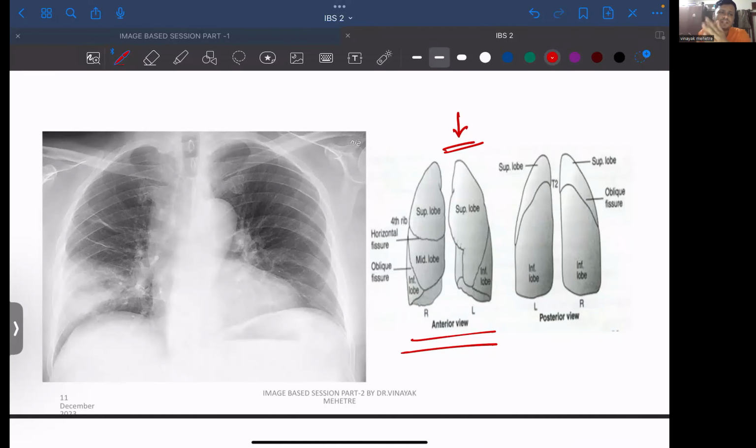COPD patient, most common organism causing pneumonia? Anyone? Who causes it in COPD? In a burn patient, most common organism causing pneumonia? Most common organism causing community acquired pneumonia?